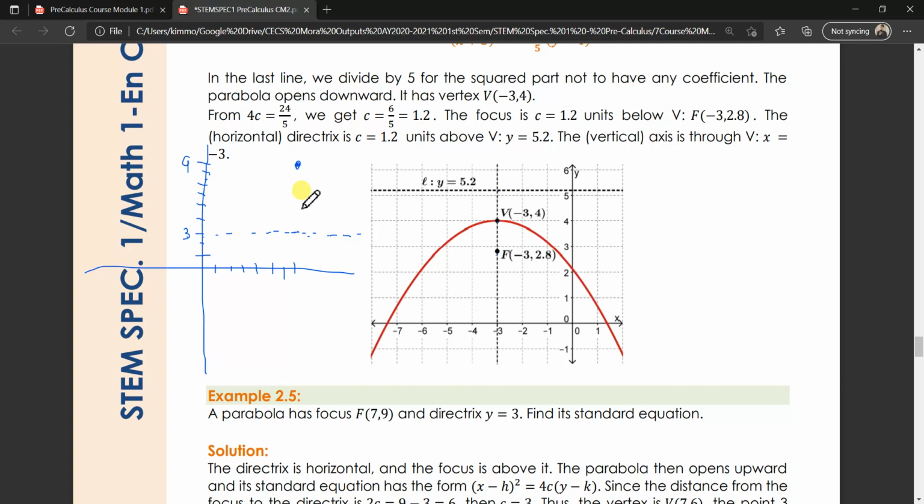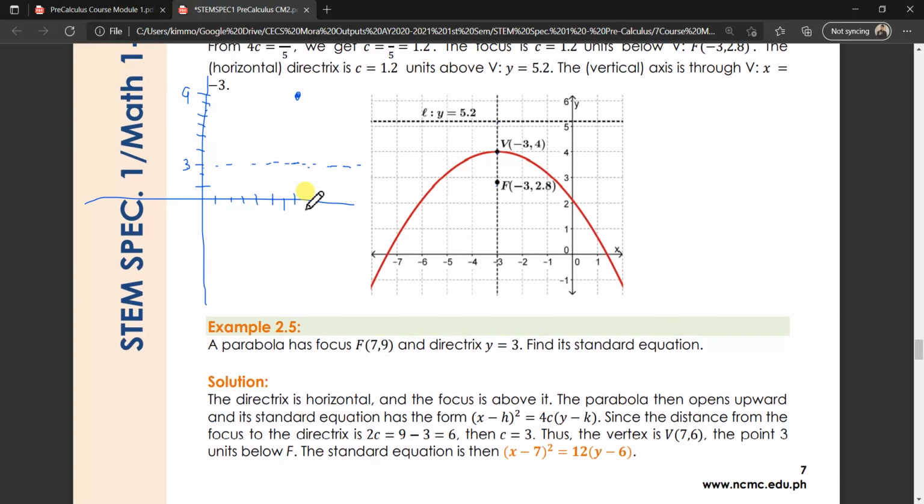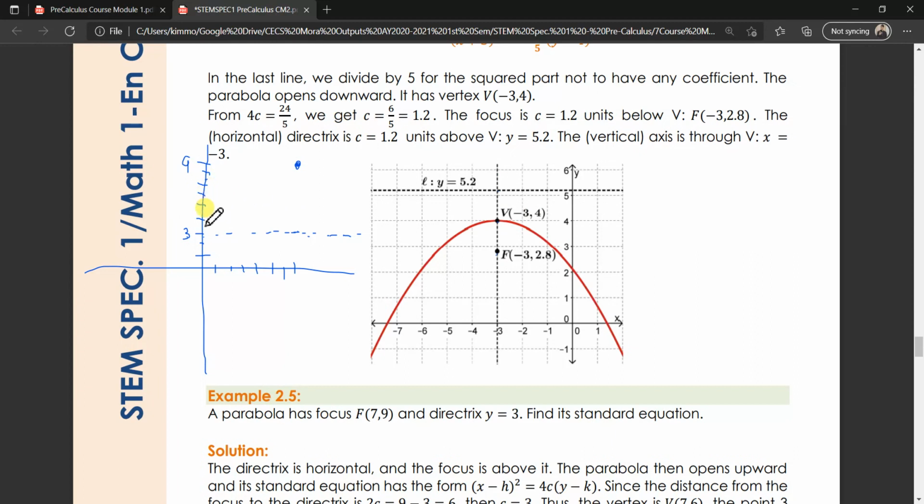So 6 divided by 2 is equal to 3. Meaning, our C is equal to 3. So from here, we count 3. 1, 2, 3. So naaday dari ato ang vertex. And it is opening upward. So again, ang x part sa ato ang vertex is just the same sa x part sa ato ang focus.